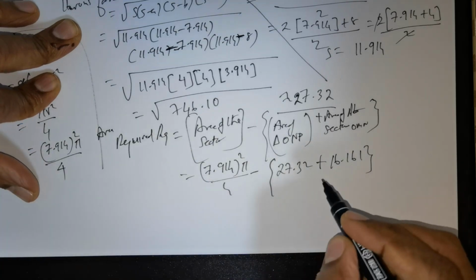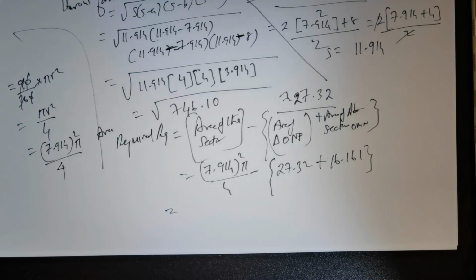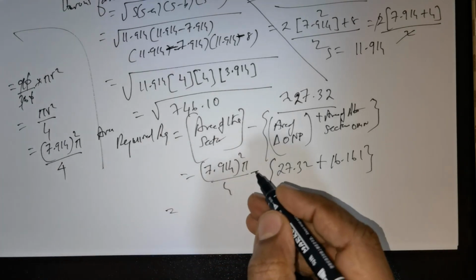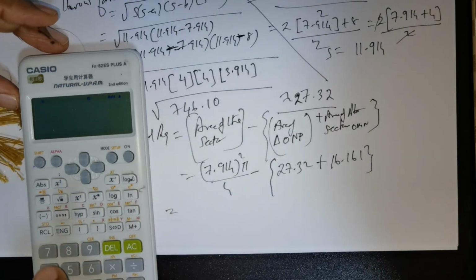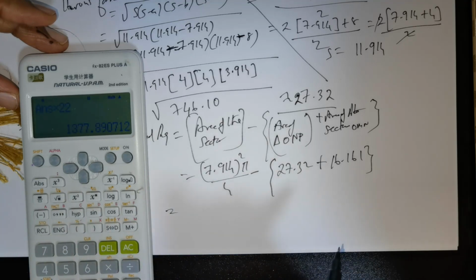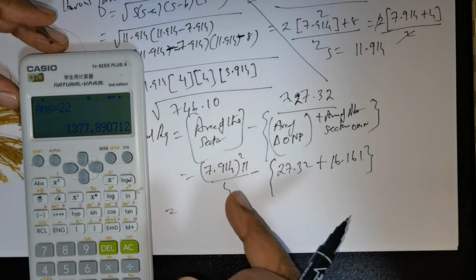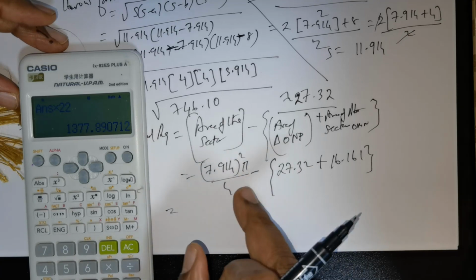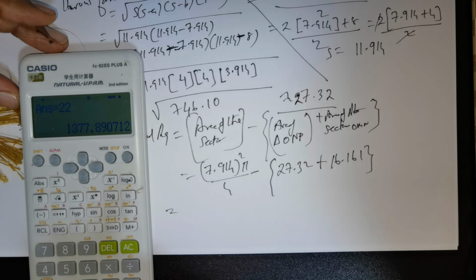Okay, so what I'm going to do is evaluate this one. So 7.914 squared, multiplied by 22 over 7 I'm taking, divided by 28. 7 is over here, so 7 4s are 28.